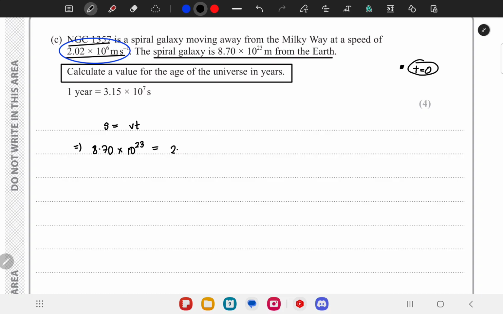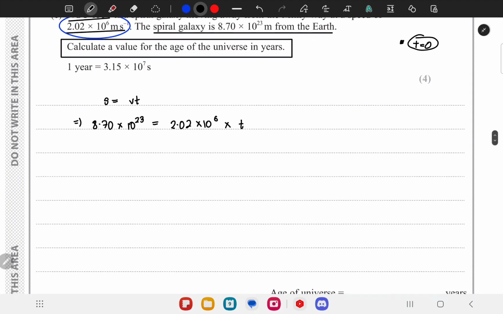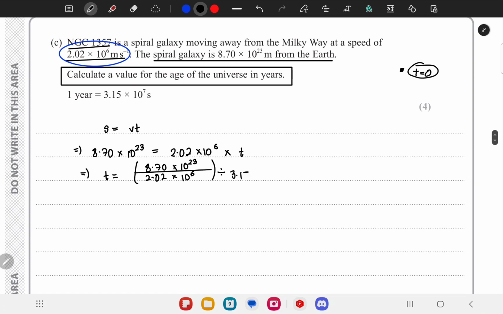The velocity is 2.02 × 10^6 meters per second, and t over here is the age of the universe. The age of the universe in seconds would be 8.70 × 10^23 divided by 2.02 × 10^6. Now to convert it into years, we'll divide this by 3.15 × 10^7.